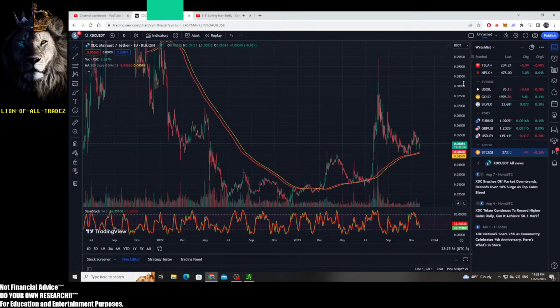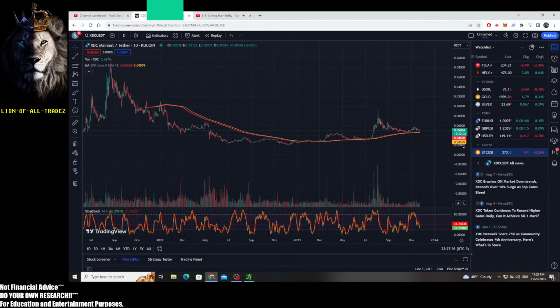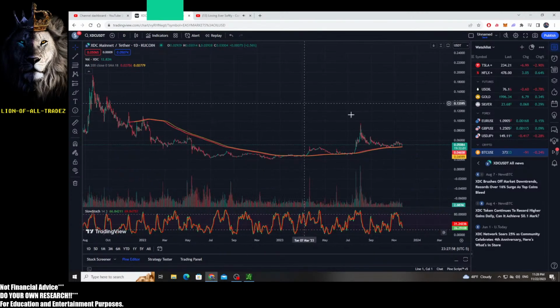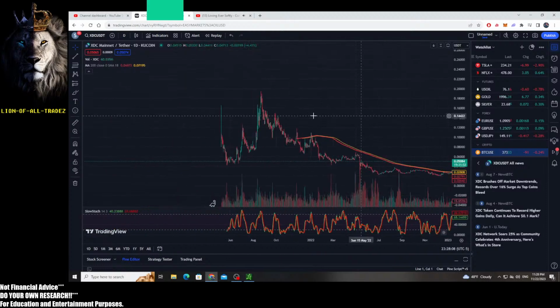XDC mainnet is at 5 cents. This tried to rip before August. It was at 10 cents before. The highest it ever reached was 19 cents, close to 20.